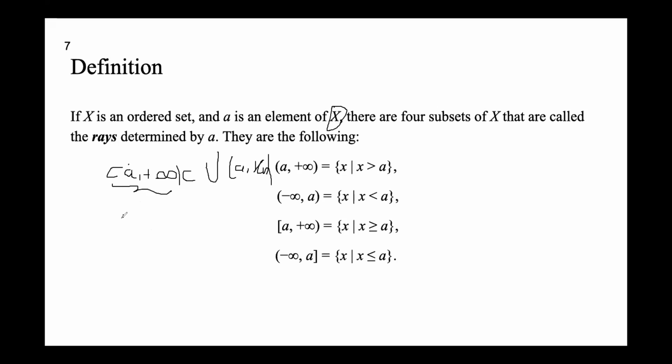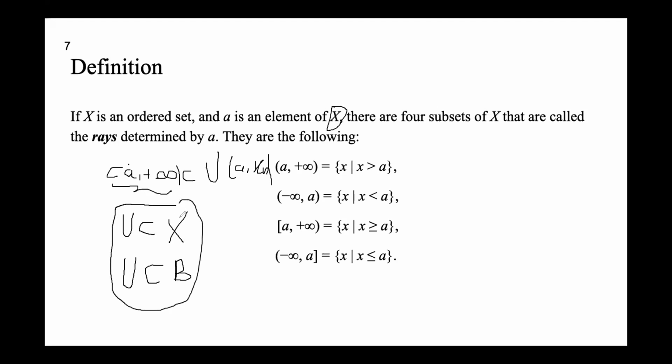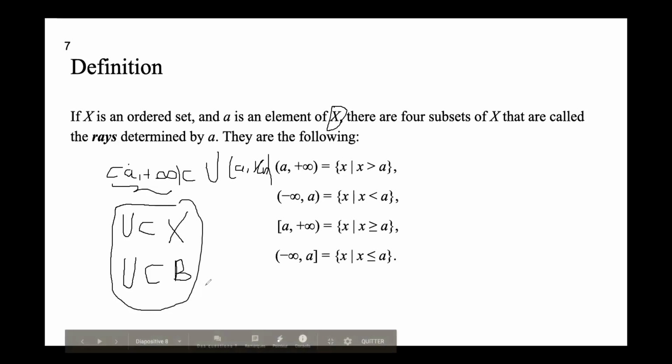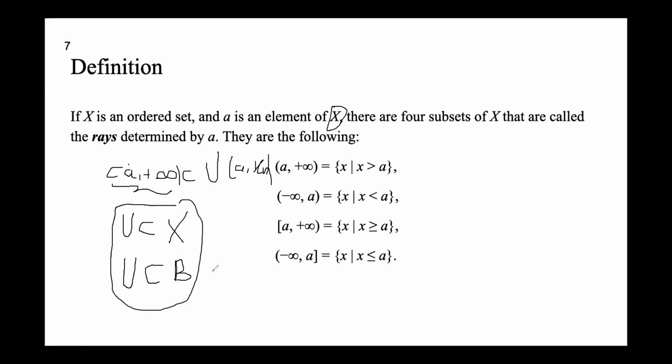And an open set is a set that is included in X and is contained in the basis of the topology of X, right? This B is the basis of the topology. And this (A, ∞) is not in this basis, is it? No. Right. So you still need to show this.